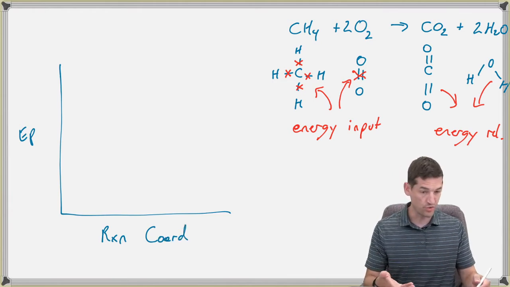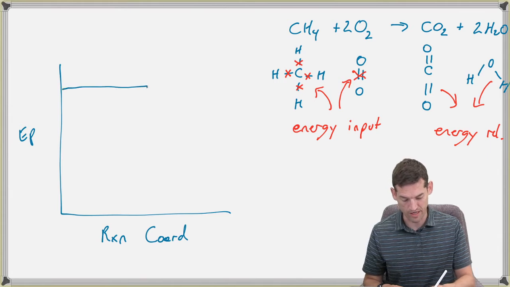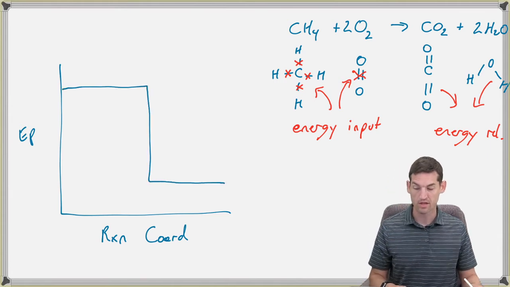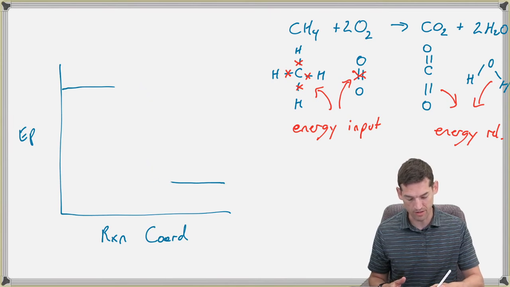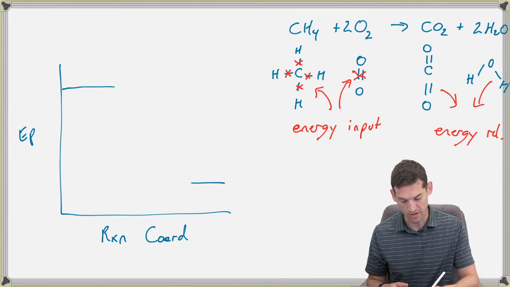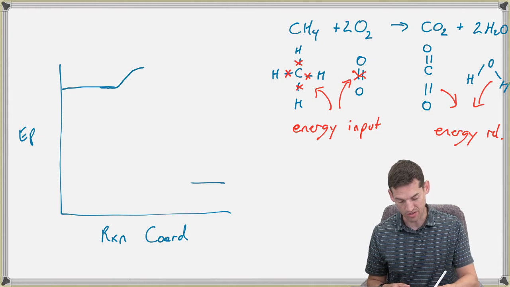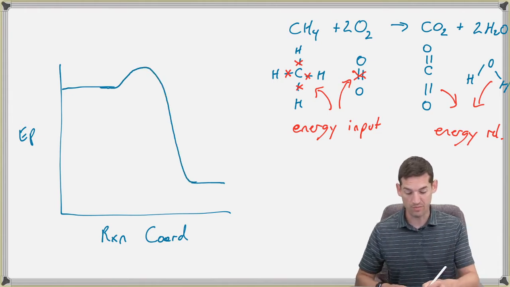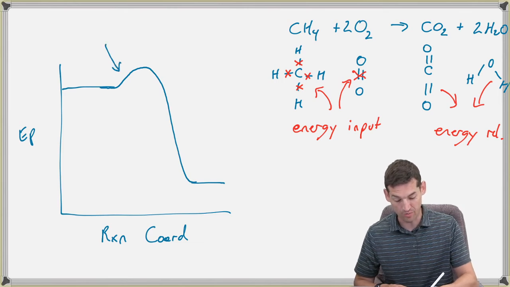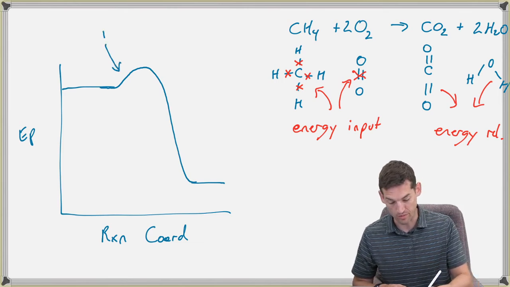And let's do this one, for example. It's an exothermic reaction, so it looks like this. But in reality, it probably doesn't look like that. It probably, take out this whole middle part here, it probably actually looks like this. Because there has to be this energy input when we break bonds.